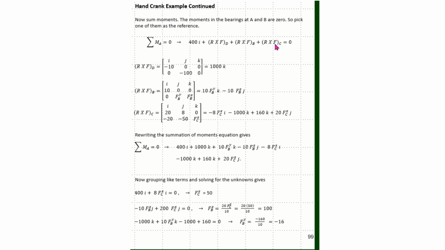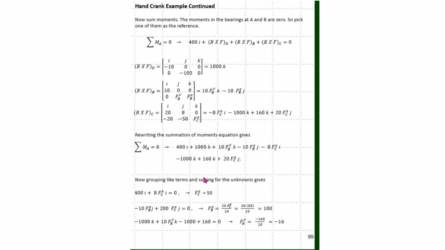Now I know that point A is at a bearing, so the moment at A needs to be 0. And so I did not even include it in the equation here, because the moment at A will be equal to 0. So now I go find the details of each one of these components, and that is done here. And so summation of moments at A tells me this.